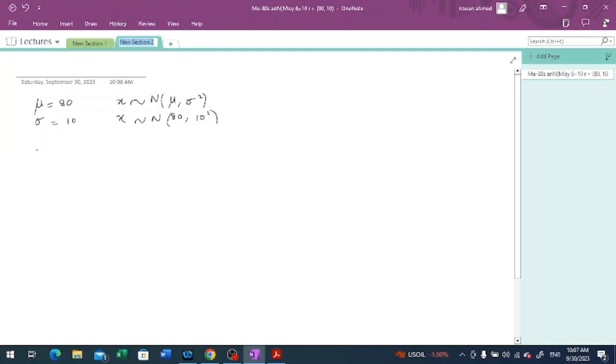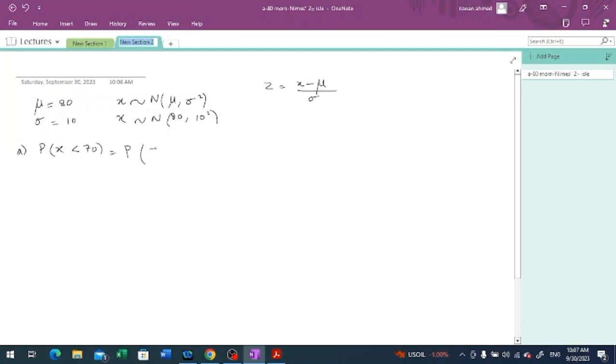Now let's suppose we are asked to determine some probabilities, and we start with the case that we select a student at random from the class. Then what is the probability that that randomly selected student has a height below 70? Now what we do, using this formula, x take away mu divided by sigma, we transform it to z.